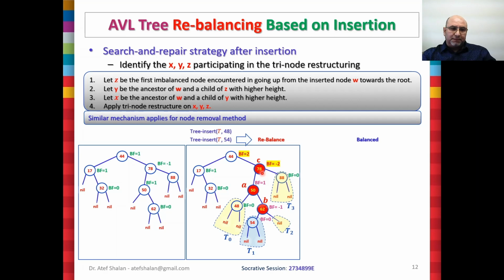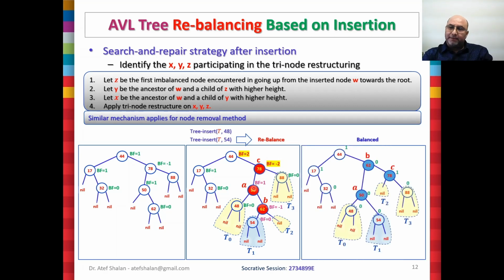Of course, now this is 78, 50, and 62. Which one is in the middle? It is 62. 62 should be in the middle, and then 78 will be on the right-hand side, and 50 will be on the left-hand side, and I get this AVL tree, which is now perfectly balanced after doing this restructuring.